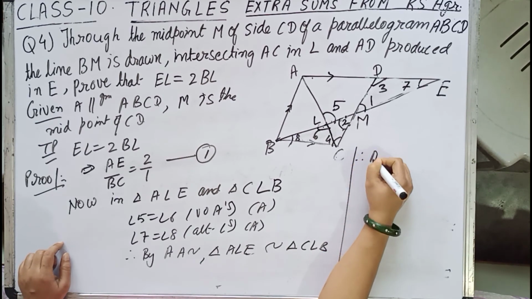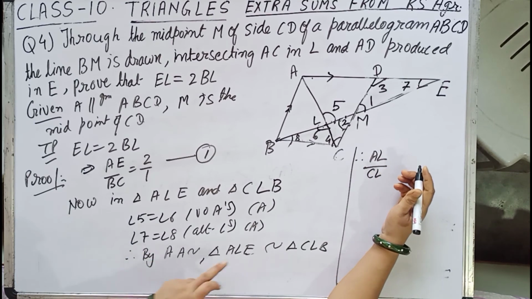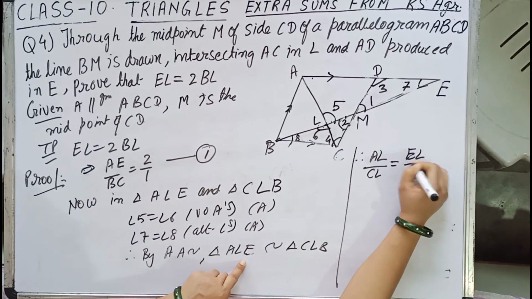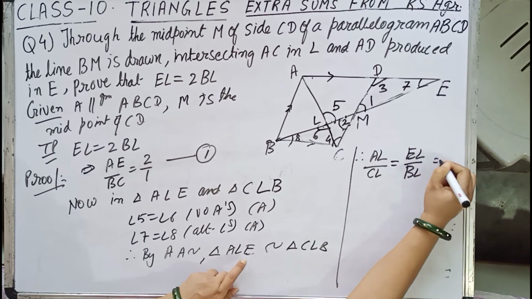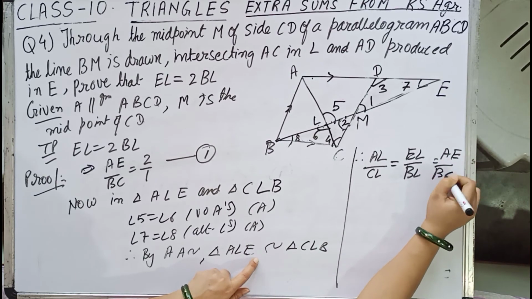Therefore AL by CL, if we don't write it then also it's okay, because the AL and CL ratio is not needed, equals EL by BL equals AE by BC.